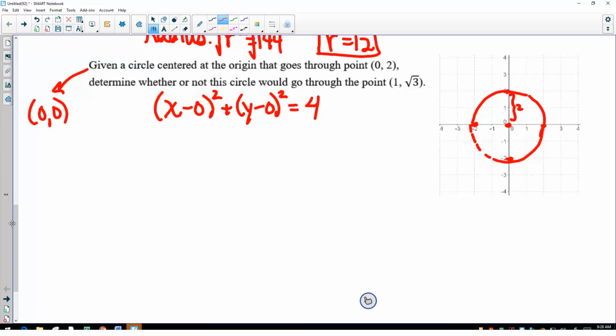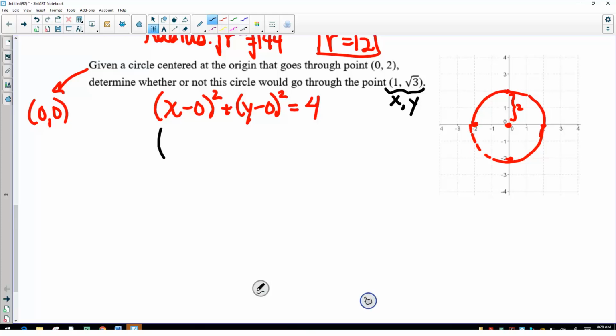I want to determine if it's actually hitting the coordinate 1, square root of 3. So just like we did with equations of lines, we would say, does the point satisfy the equation? In other words, if I were to plug that into the formula, would the left side of the equation balance out to the right side? So we're going to try.